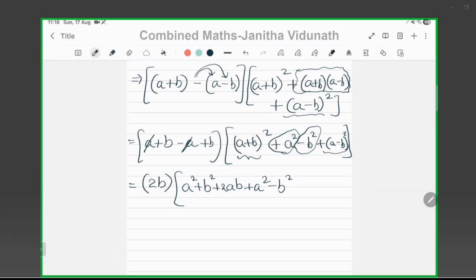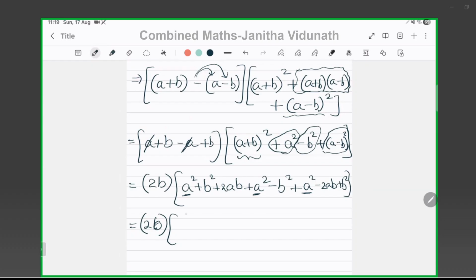Again, we can expand this as a square minus 2ab plus b square. Then we can write back 2b, and here we have an a square term, and here also an a square term, and here also an a square term.